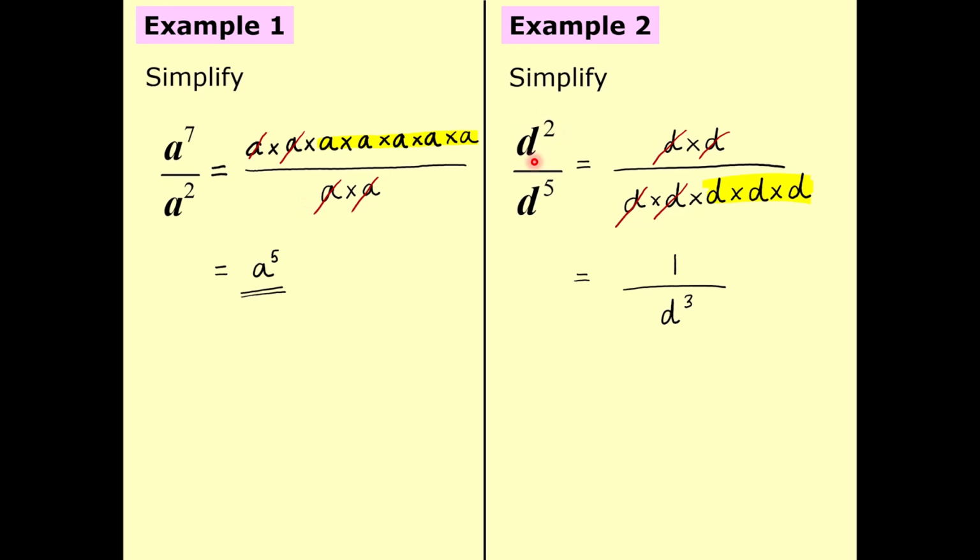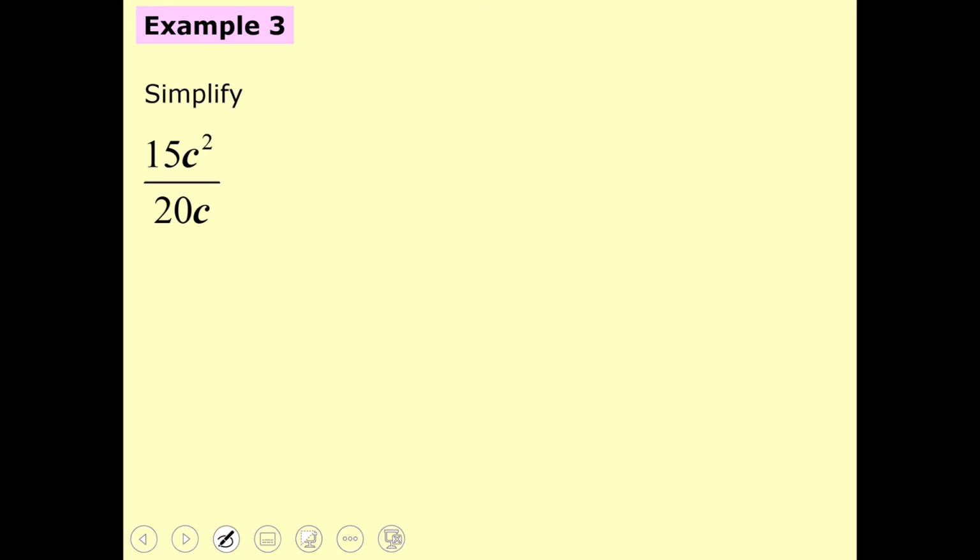And the same here, we've expanded d squared, so it's d times d, and then d to the power of 5 is d times by itself 5 times, and if we've got something that's on the same top and bottom, we can cancel them out, and we're left with d times d times d, which gives us d cubed. And if we cancel everything on the top, we just put a 1 in its place. Let's look at some more examples.